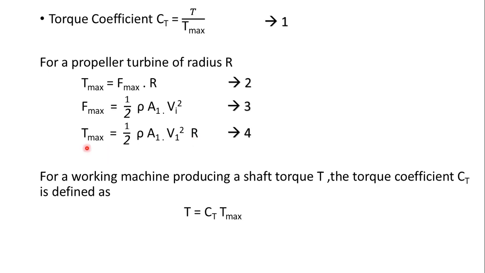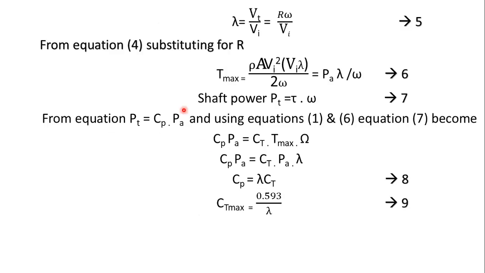So overall, T maximum becomes rho into A into Vi square by 2, into R, and in place of R, I am substituting Vi into lambda by omega.